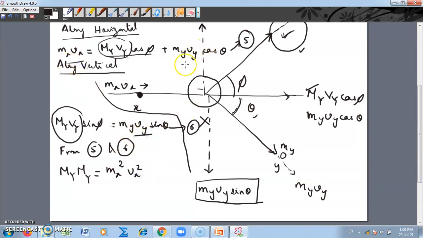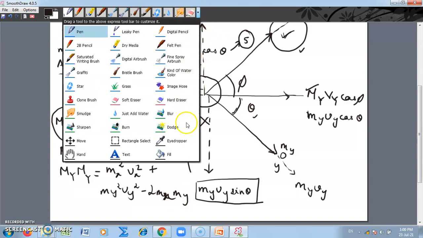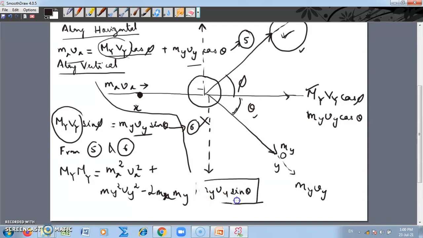When you square this, we have plus my square vy square minus twice mx my vx vy, because when I take this on this side, this will be mx vx minus this one.